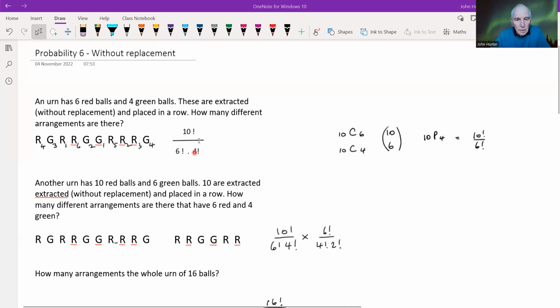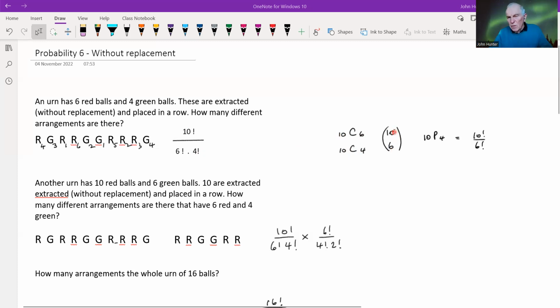This number here we call 10 choose 6. It's obviously the same as 10 choose 4, isn't it? Sometimes we write it like that. Sometimes we write it like that. Sometimes we write it like this. It's a sort of vector, I suppose.